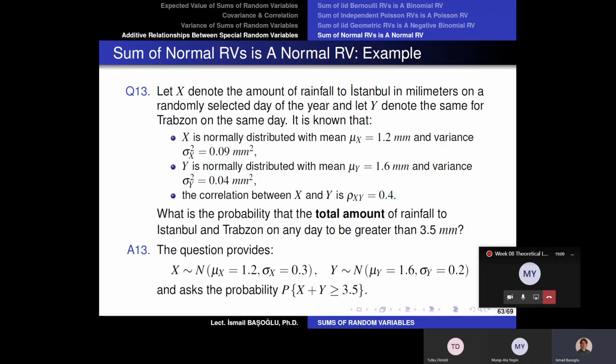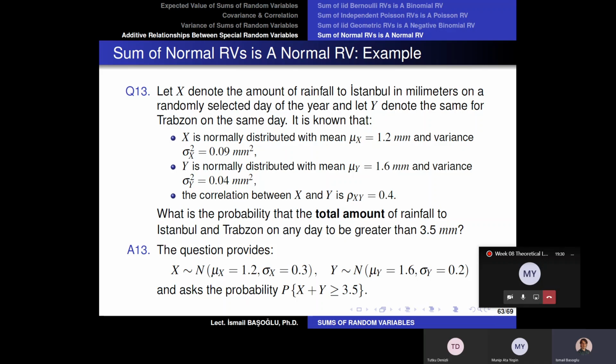Do you think they are going to be correlated or not? Now, they are going to be correlated. Why? Because they are on the same latitude, right? Trabzon and Istanbul, these 2 cities are on the same latitude, and they are both cities which have a coast to the Black Sea, as you know.